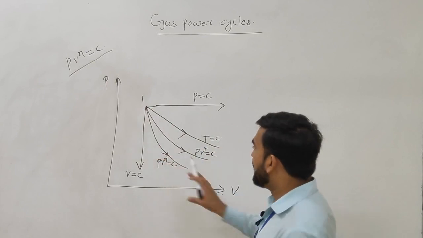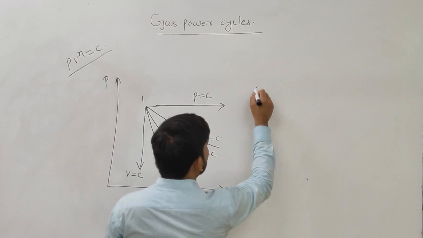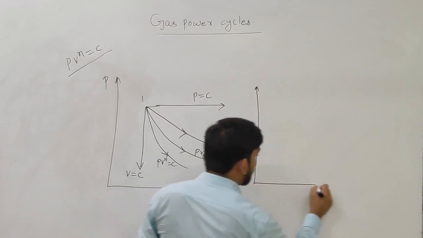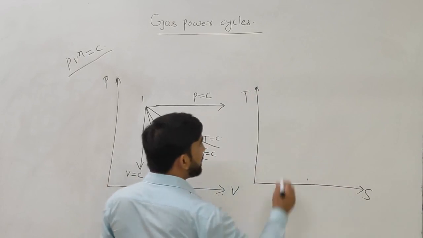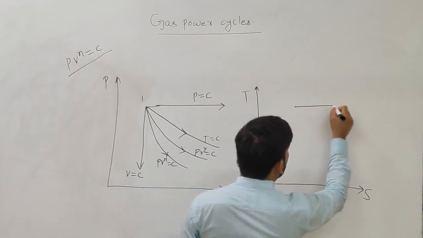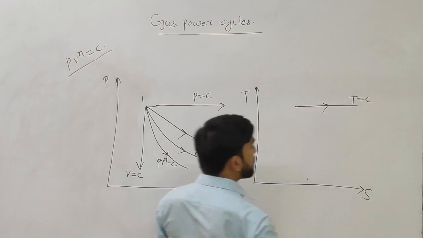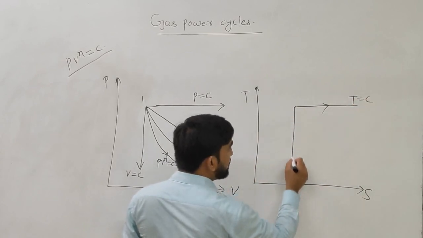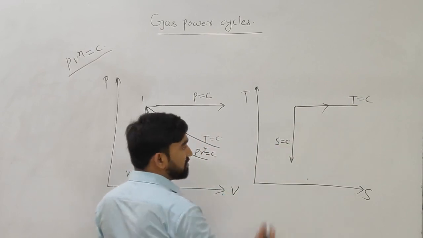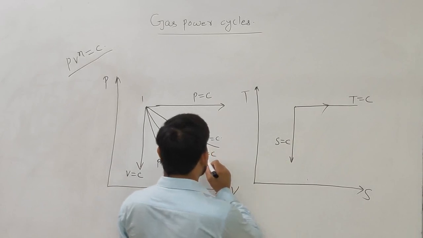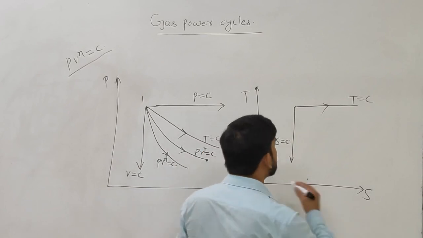So this will be a PV diagram, and according to this we will draw a TS diagram. This diagram will be a TS diagram, where this line represents the constant temperature process, and here entropy is constant for this process, which is the reversible adiabatic or isentropic process.